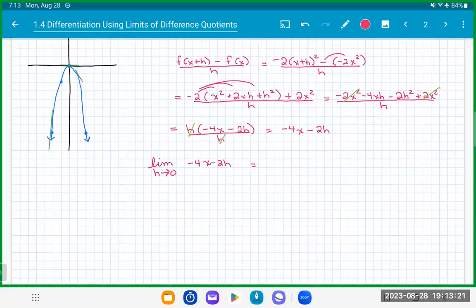That really is equal to negative 4x minus 2 times 0, because h is approaching 0. And so that is negative 4x. Okay, so our limit of that function is negative 4x. Okay, question.